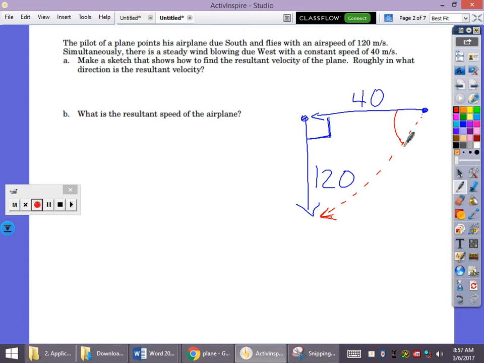So I'm going to do 40 squared plus 120 squared and then square root it, which is the same as what you've been doing the past couple days, the magnitude. But if we don't remember that, we always remember Pythagorean theorem, right? So we're going to use Pythagorean theorem and find the resultant speed, which is question B on your paper.